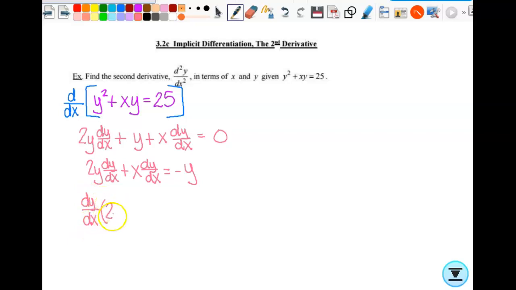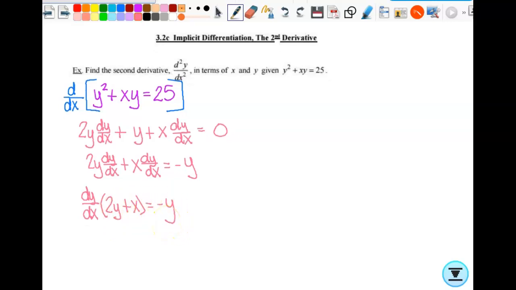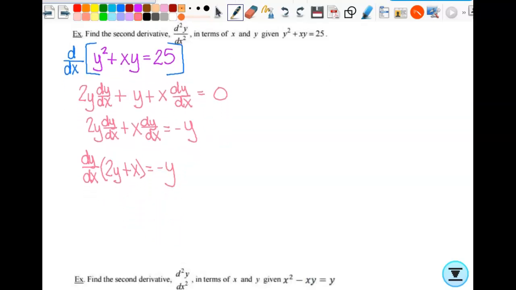That leaves me with (2y plus x) dy dx equals negative y. And then I can divide, so dy dx is equal to negative y over 2y plus x. Everybody with me on that? Any questions on how we got there?